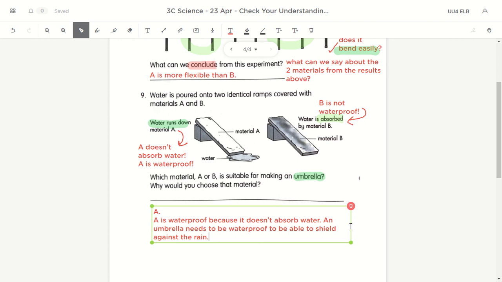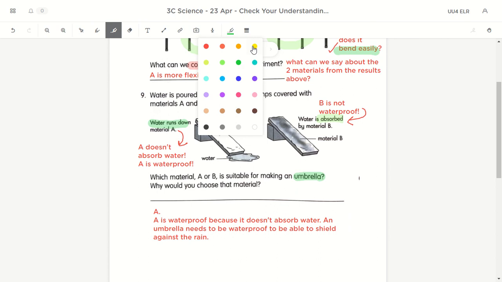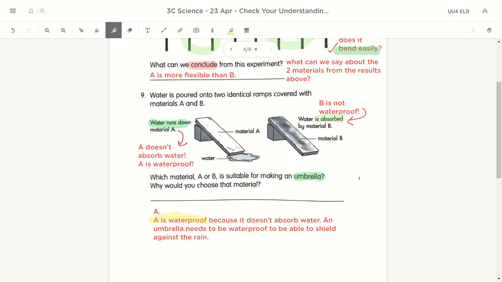So in answering this question, you must tell me first what material you choose, which is A, and then after that, tell me why. Because A is waterproof, because it doesn't absorb water. We can see it here. This is the evidence. Let's highlight it in a different color.